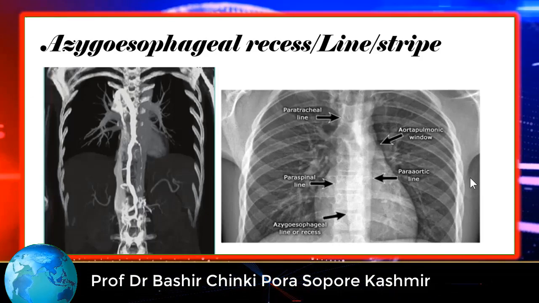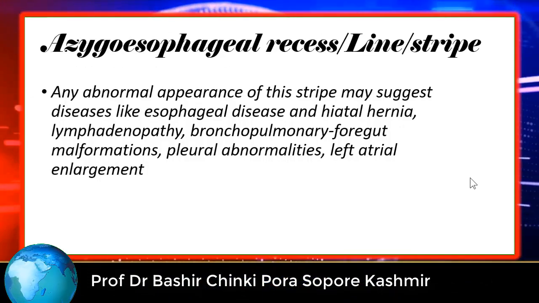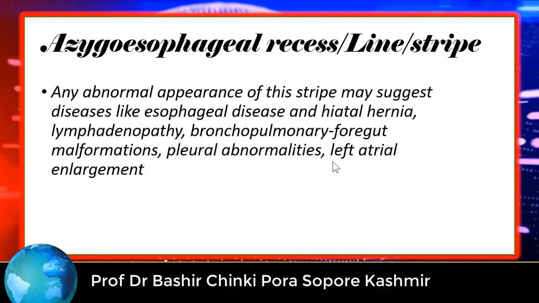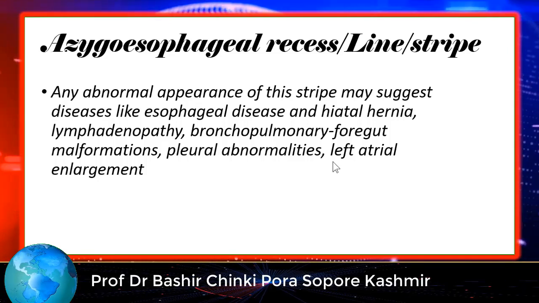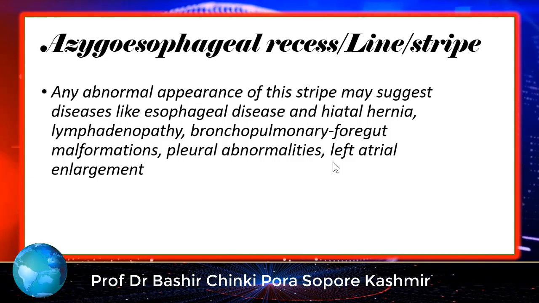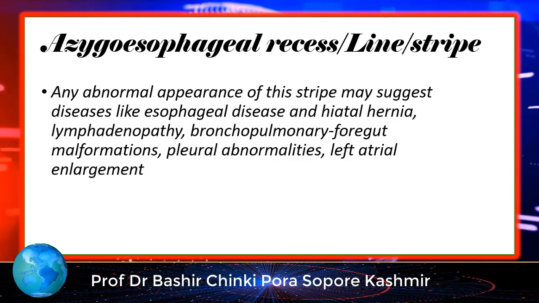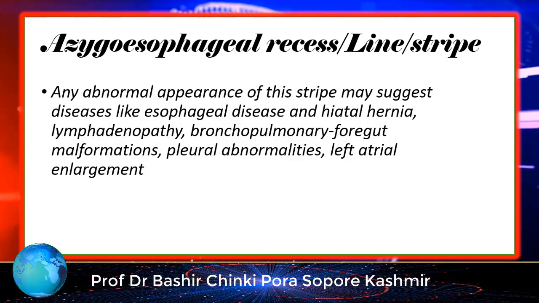I think it is very clear now. So the abnormal appearances of azygos esophageal line may suggest diseases like esophageal diseases and hiatal hernia, lymphadenopathy, bronchopulmonary foregut malformations, pleural abnormalities, and left atrial enlargement.